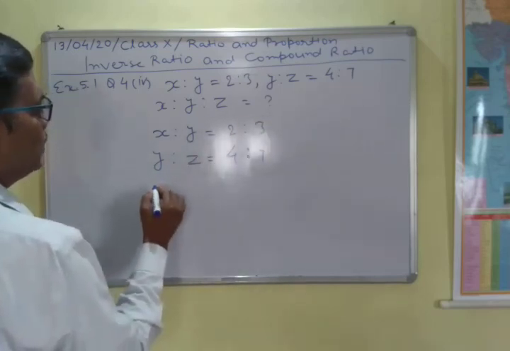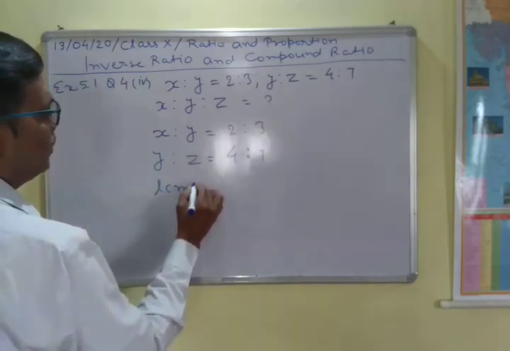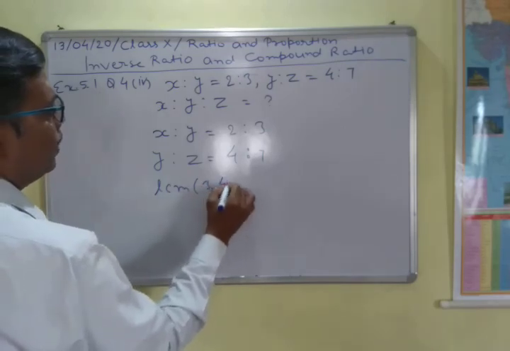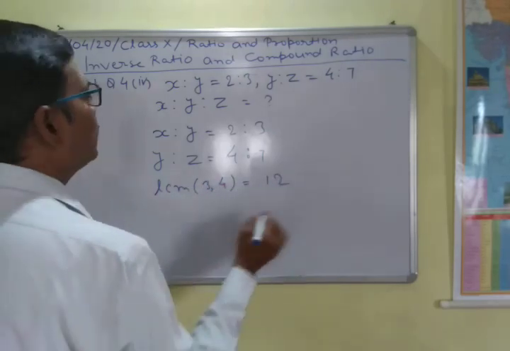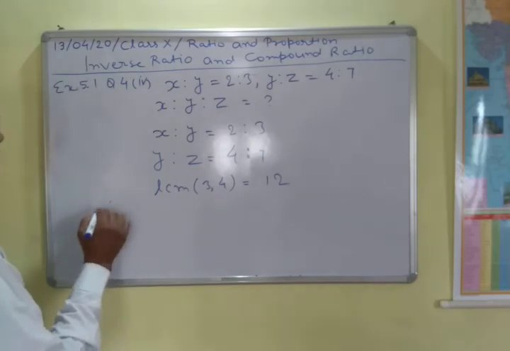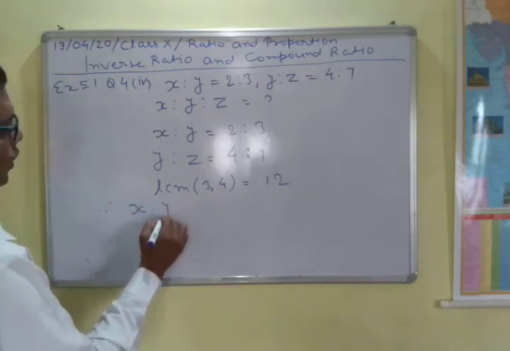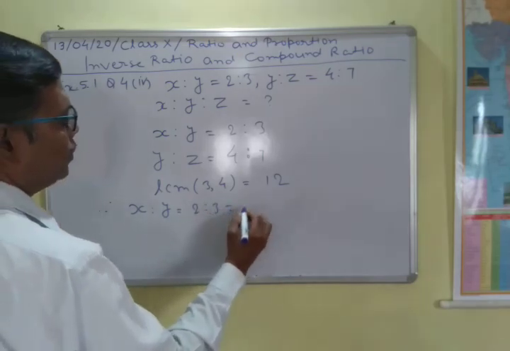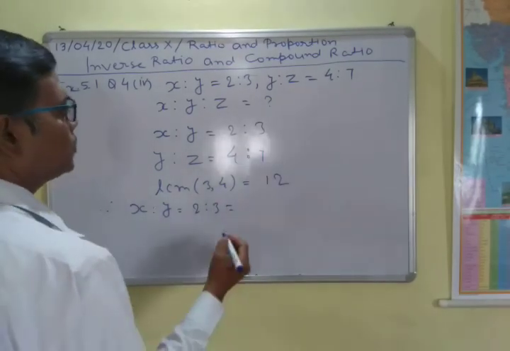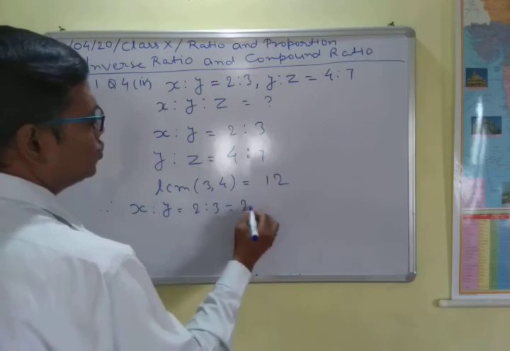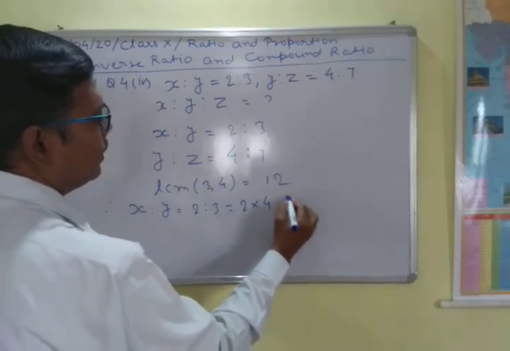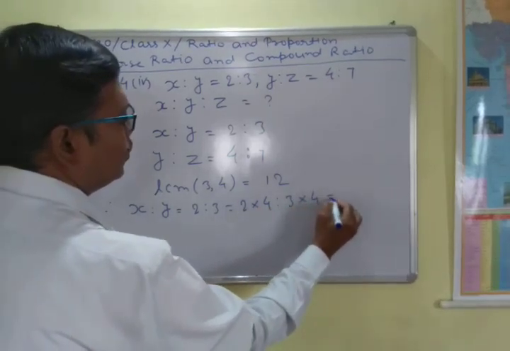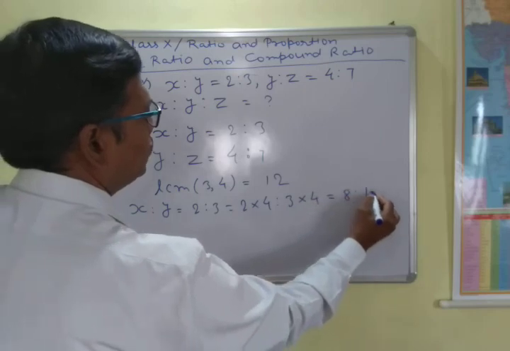So we have to take the LCM of 3 and 4, which is 12. So convert this ratio: x is to y equal to 2:3, make this 12. So we have to multiply this with 4. So 2 into 4 and 3 into 4 equal 8 is to 12.